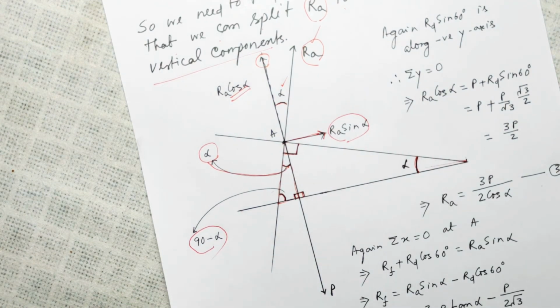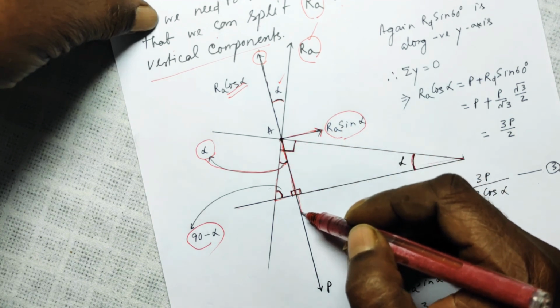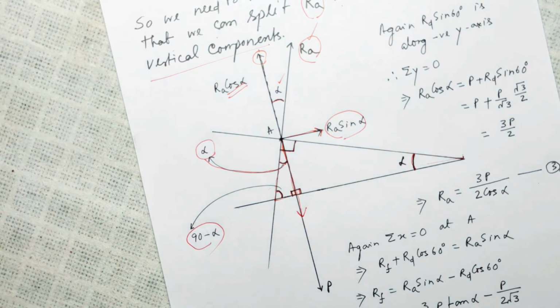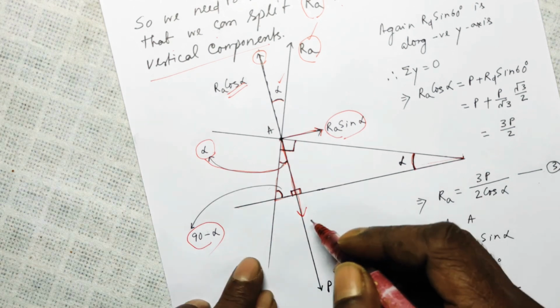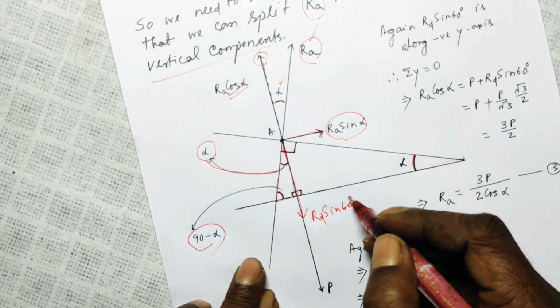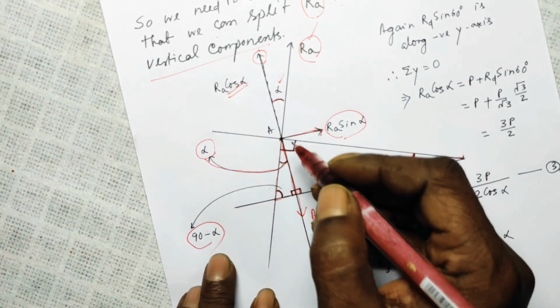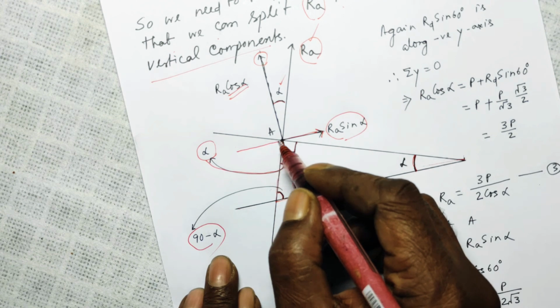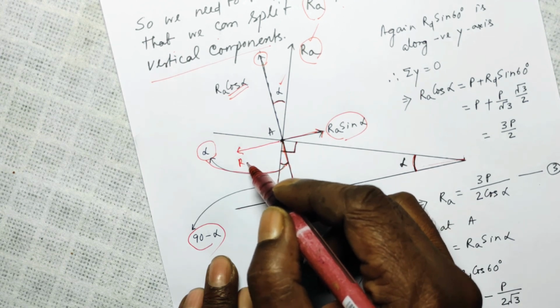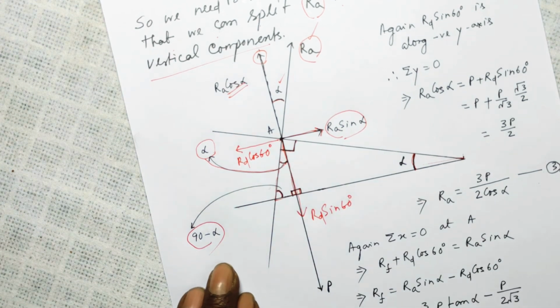along the negative x-axis. And previously I have explained that from this point in this direction was your RD sin 60, which I have already explained. And your RD cos 60 from this point was to this side, which I explained in the previous space.